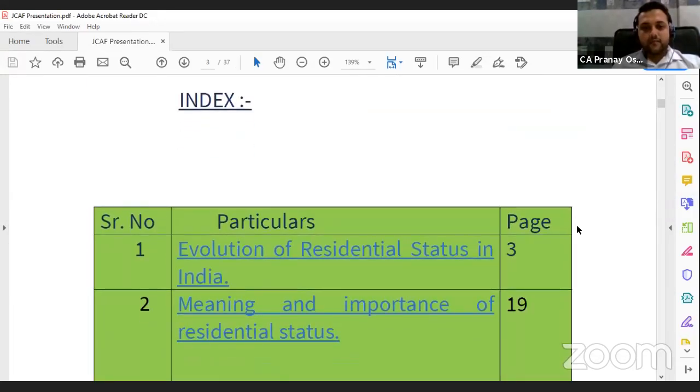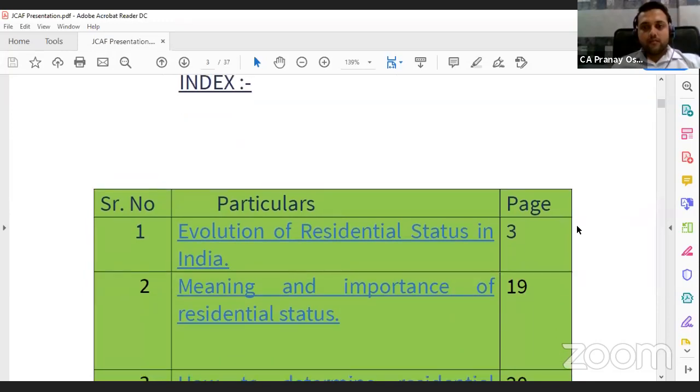This is just a rough index of what we are going to have. In today's self-explanatory presentation, I've tried to cover the amendments made during the century, right from 1922 till the 2020 budget.